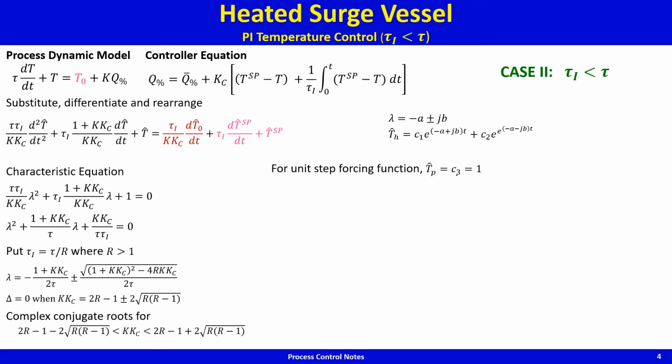For a unit step forcing function, the particular solution is going to be 1, and therefore the total solution, particular solution plus homogeneous solution, is going to be this guy.